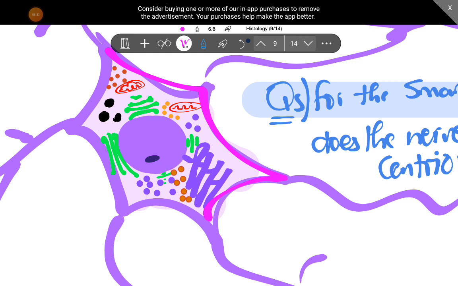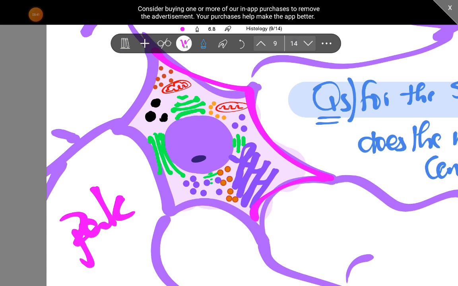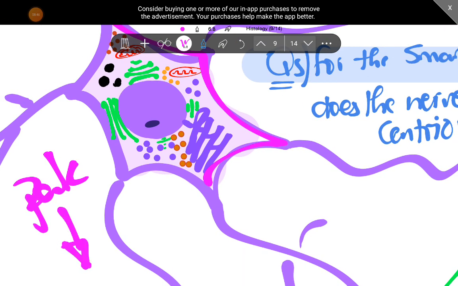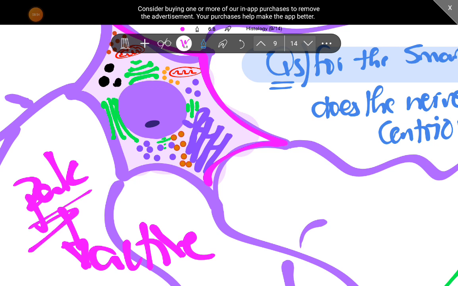Oh, and it's pale. Do you see it dark? Can you see it dark? No. So it's pale. And any nucleus that is pale means that it's very active, right? Because the DNA is not condensed. It's open. It's synthesizing. It's working, baby. So this cell is very active.